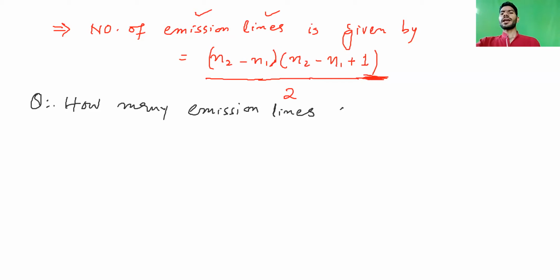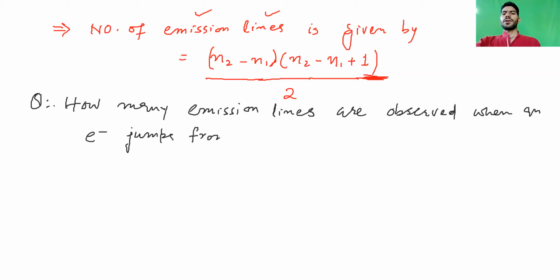So how many emission lines are observed when an electron jumps from the fifth orbit to, let's say, the second orbit? Can you tell me how many emission lines we will observe here?